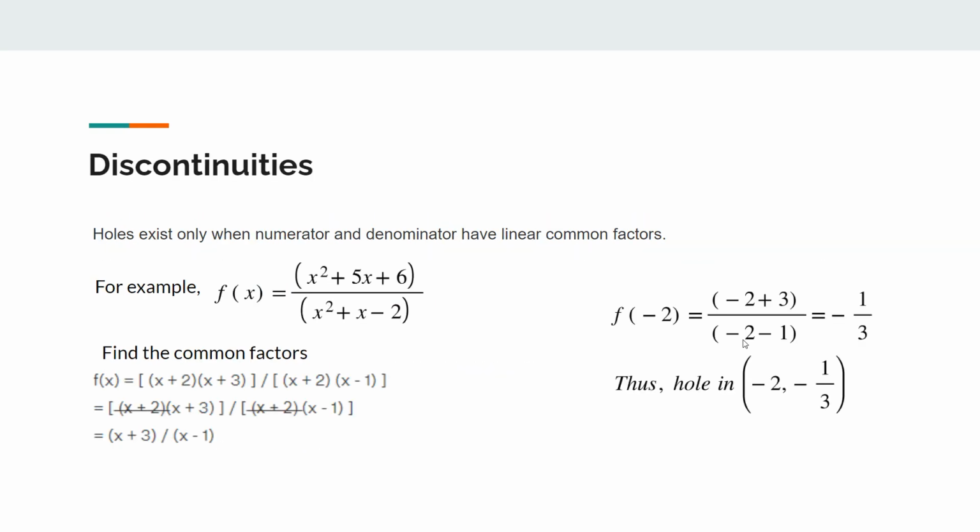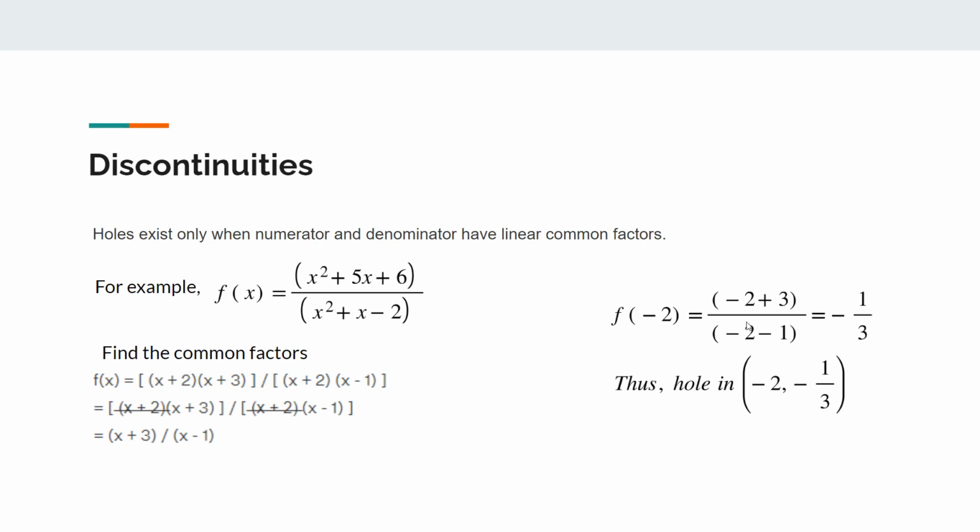These are the discontinuities. Holes only exist when the numerator and denominator have linear common factors. For example, f of x equals x squared plus 5x plus 6 over x squared plus x minus 2. To find the common factors, we first factorize it, and we cancel out x plus 2, and we get x plus 3 over x plus 1.